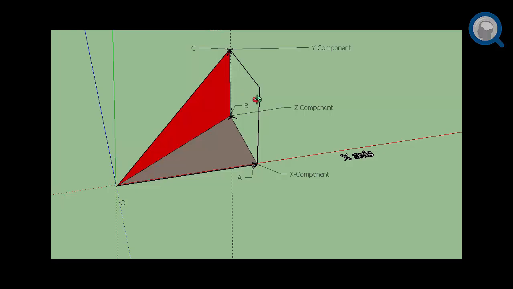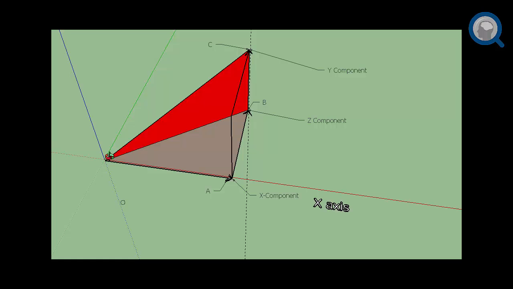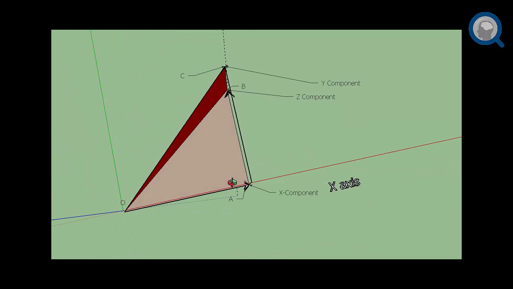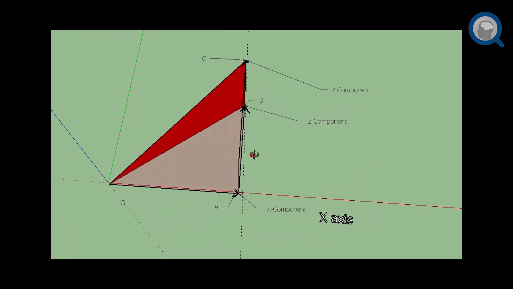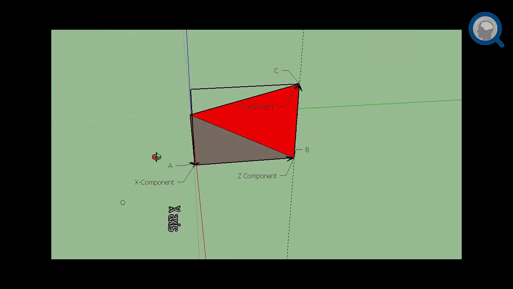If we see in the 3D figure, we'll see that it has 3 components. Now the OA component lies along the x-axis. Then there is the AB component which is along the z-axis. This is our z-axis. And there is a BC component which goes directly upwards.